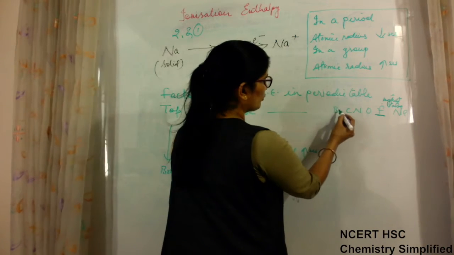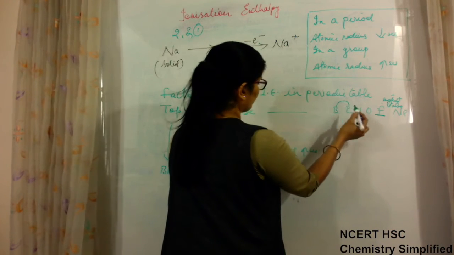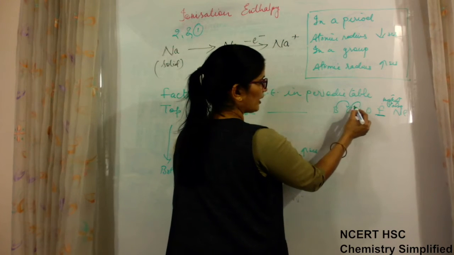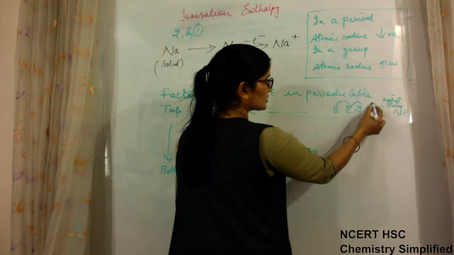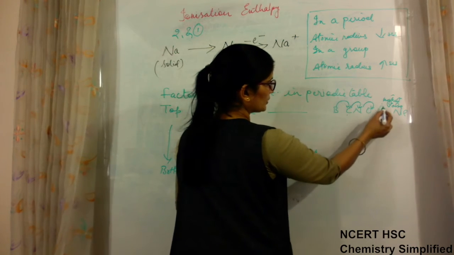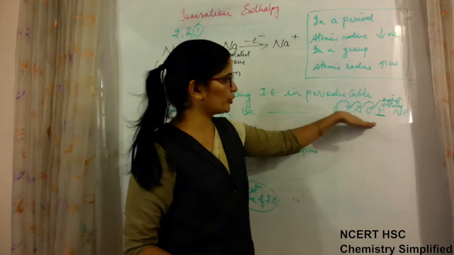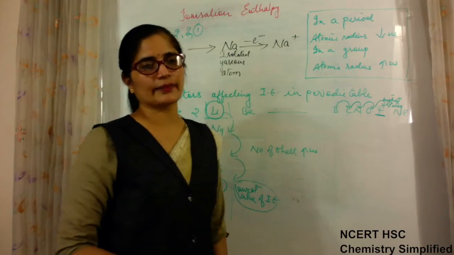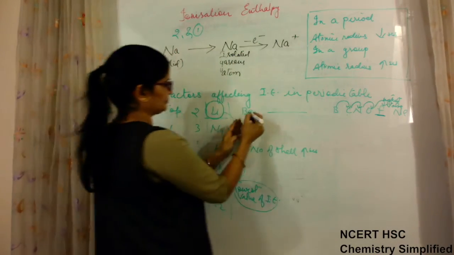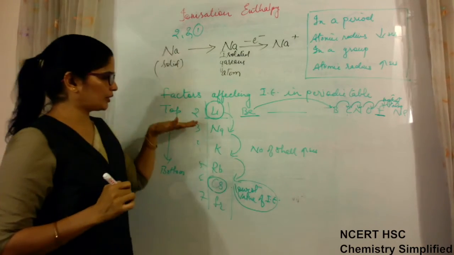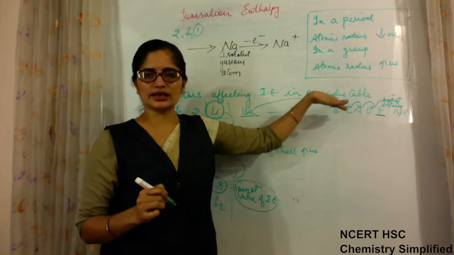Means value for boron should be more than, for carbon should be more than boron, then nitrogen should have more than carbon, oxygen should have more than nitrogen, and fluorine should have more than oxygen, because from left to right the value is gradually increasing. Similarly, boron should have more value than beryllium, because left to right the value should increase gradually.